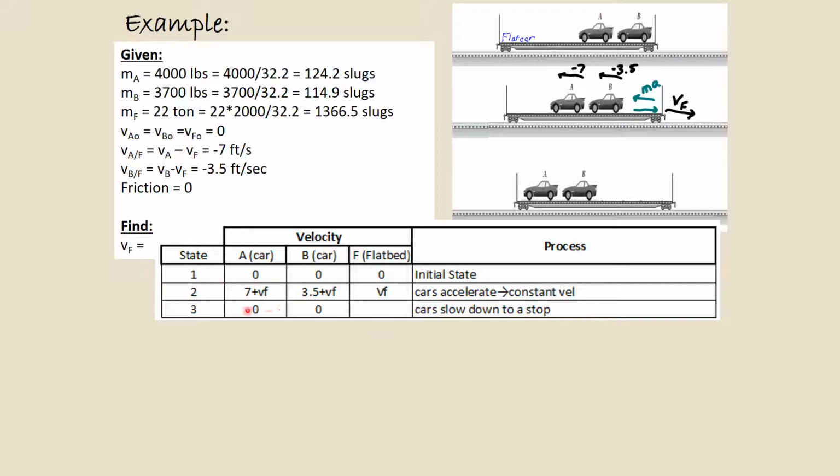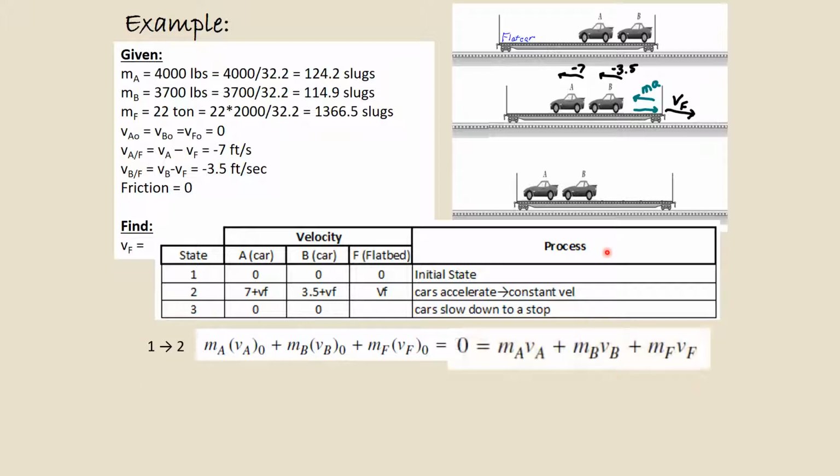All of this is going to have to add up so that the center of mass keeps that 0 velocity. So from 1 to 2, all of those 0 velocities are going to have to add together to what the two cars and the flat car are doing. If the velocity of one is positive, the velocity of the others will be negative, and vice versa. And then that 0 velocity goes to the final state as well, so it's symmetrical on both sides.